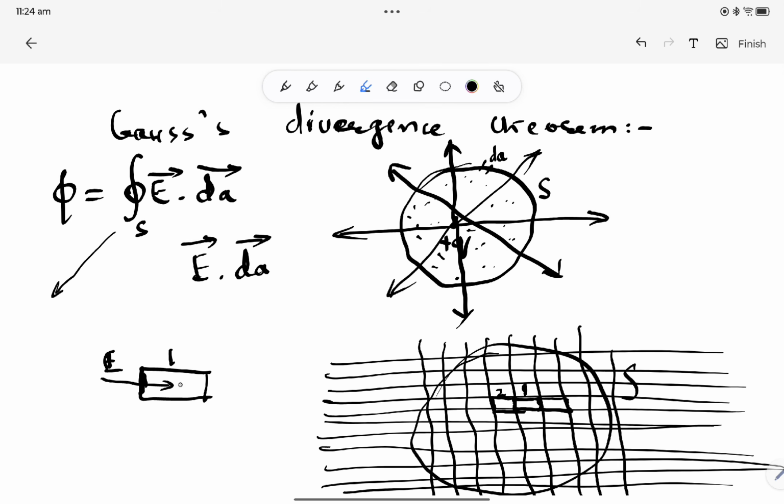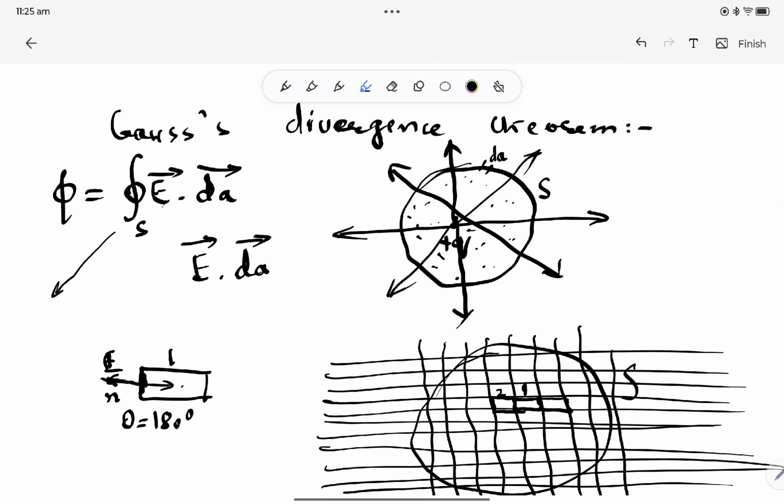Because electric field line is directed this way, and the outward normal to the cube is directed like this. The angle between the two, electric field and outward normal, is greater than 90 degrees. It is obtuse, in fact it is equal to 180 degrees. Now E dot dA is E dA cos theta. So it will be E dA cos 180 degrees. That will be minus, flux will be negative.